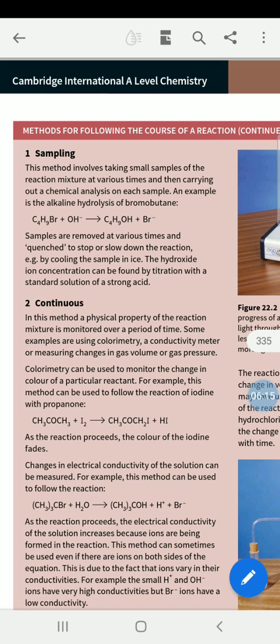For example, if there are ion reactants reacting to produce molecules, the conductivity will reduce with time.